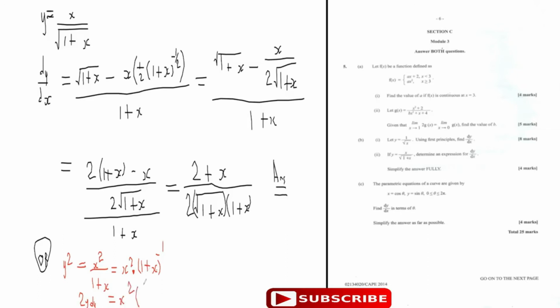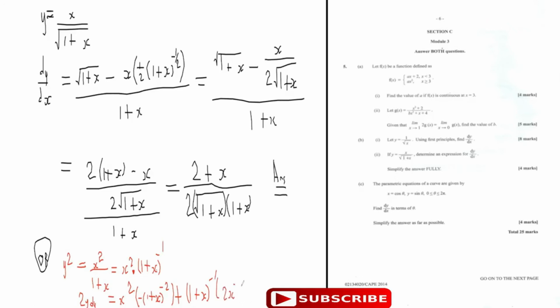The derivative of the second would be carry down the power minus 1, subtract 1 from the power to get 1 plus x to the minus 2, plus keep the second times the derivative of the first, which is 2x.